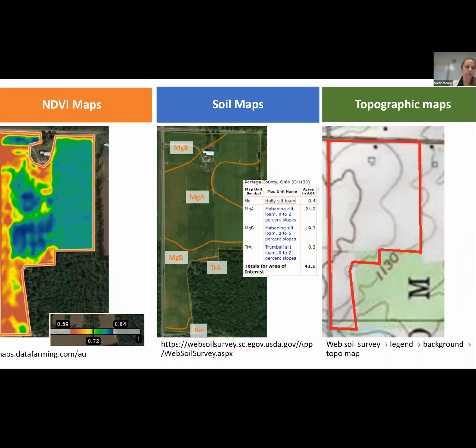So targeting these NDVI maps for when your crop is supposed to be its most productive, for example, in corn, when it's starting to tassel out, can show the overall health of the field and help you target the areas that aren't doing as well without having to rely on a yield map. And overlapping these with publicly available soil maps and topographic maps can help you get a really good idea of what's going on in that area.